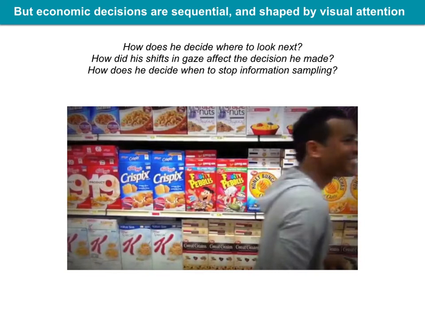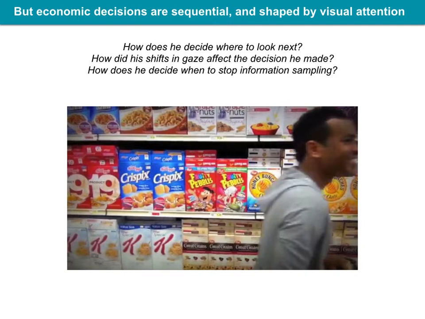So that immediately gives rise to some questions. How does this person making the decision decide whereabouts he's going to look next, whereabouts he's going to deploy his attention as he makes the choice? How do his shifts in gaze between the different items affect the eventual decision that he made?